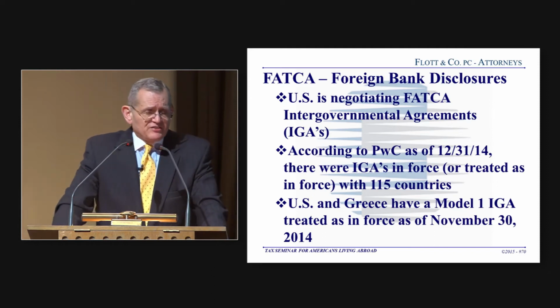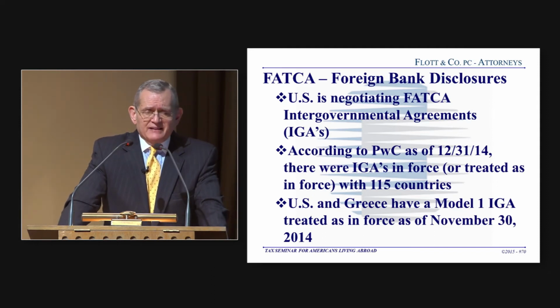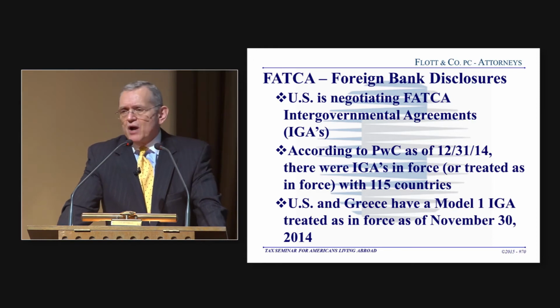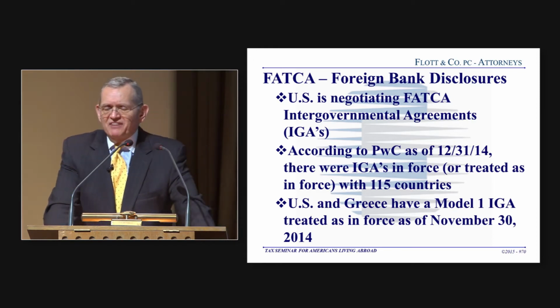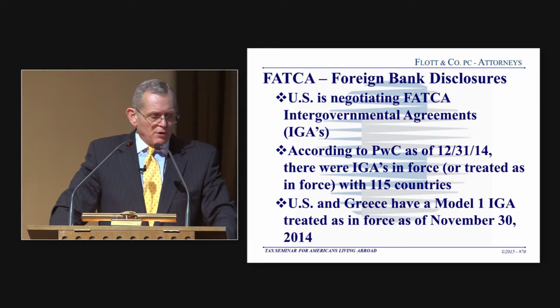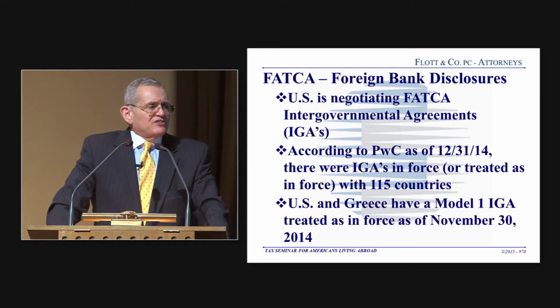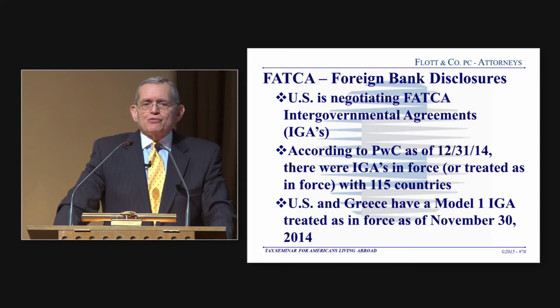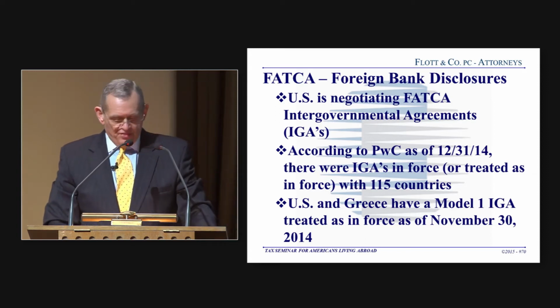According to PricewaterhouseCoopers, as of the end of last year, there were IGAs in force or treated as in force with 115 countries. And as I said to you earlier, over 145,000 foreign financial institutions are registered for the program. The United States and Greece have entered into a Model 1 IGA, which is treated as in force from the 30th of November 2014.